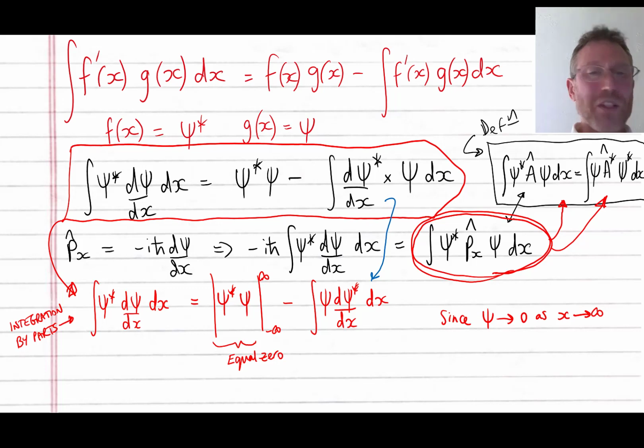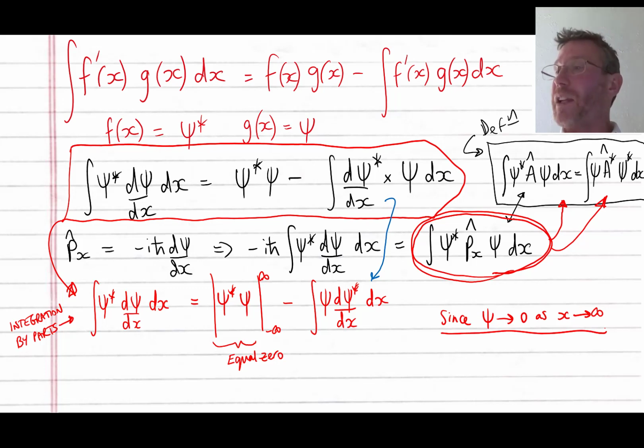The expression at the bottom in red comes from integration by parts. We've got one piece that's very easy because it ends up being 0 based on our knowledge of the wave function. What this leaves us with is an expression that I'm going to write on the next slide.